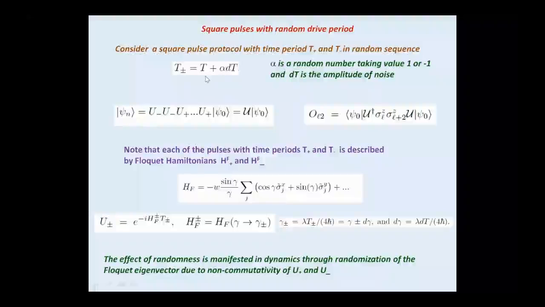One is t plus delta t or t minus delta t, and this plus or minus is chosen at random, with alpha being a random number which is either 1 or -1. It's like telegraph noise. Okay. So again, you do the same thing. You just study this chain of this u plus, u minus, and they occur at random.